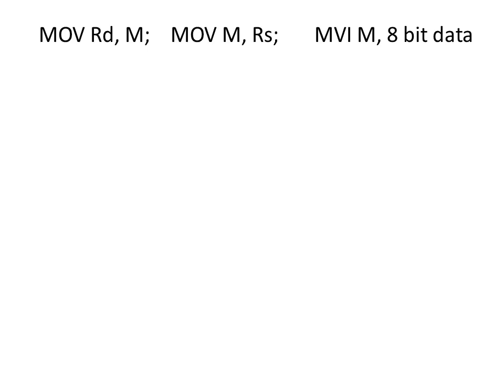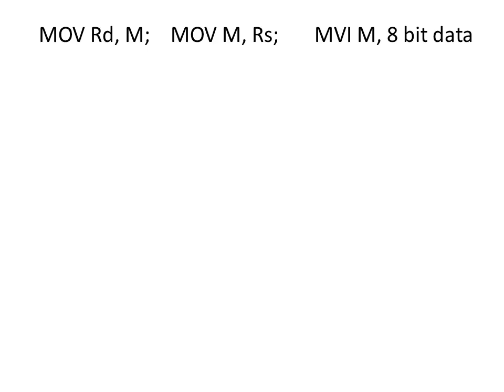So if at any time it comes across an instruction involving M, it will look into the HL register pair for the address of this M, and whatever 16-bit number is available in the HL register pair will be treated as the 16-bit address of this M at that moment.